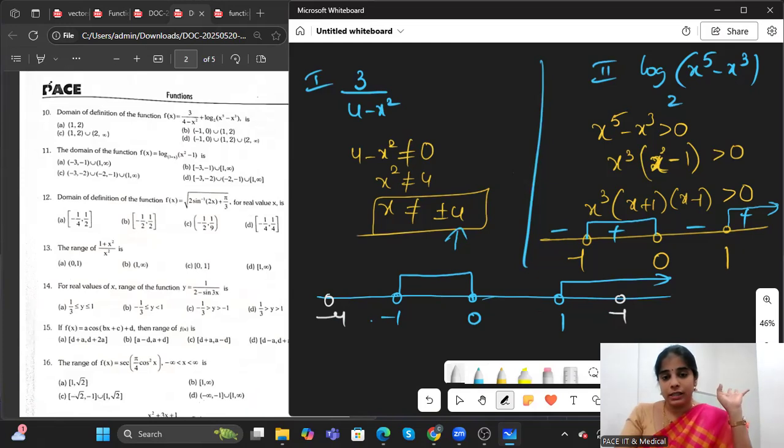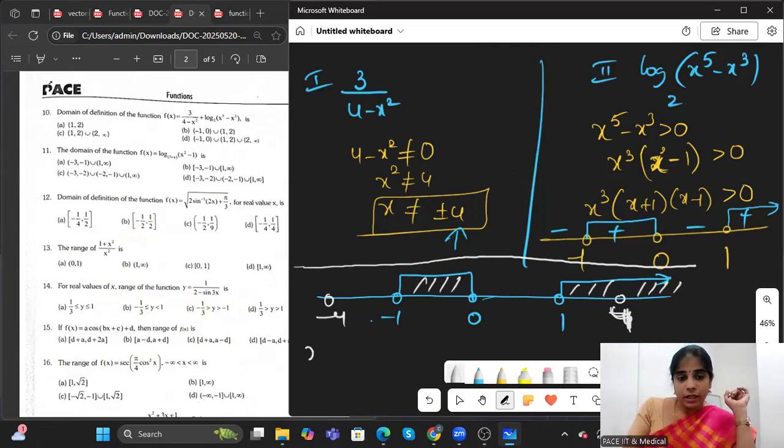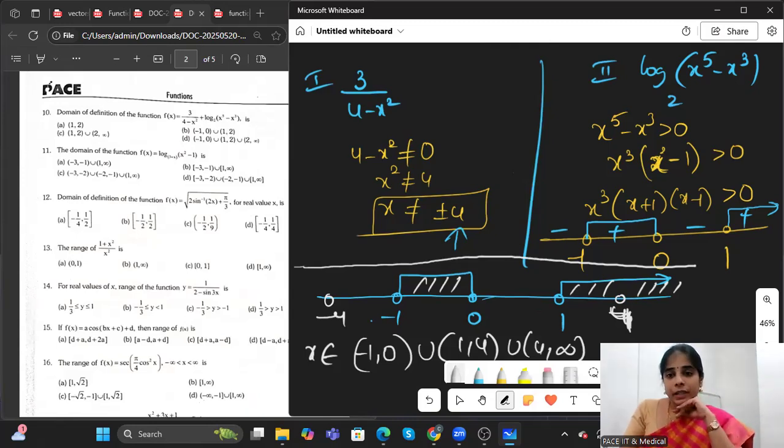All this will be included, but you cannot have minus 4 and plus 4. Now what is my solution range? The region wherein I have the double line is my solution. So x belongs to minus 1 to 0, open, union 1 to 4, union 4 to infinity.